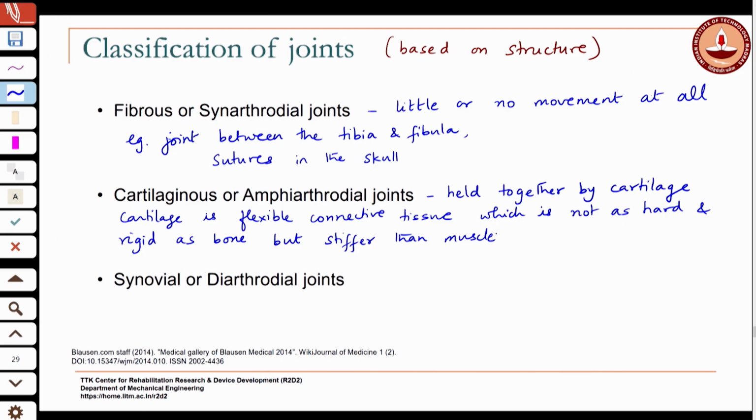and you do not have any joint cavity. You will know what I mean when we talk about the next kind of joint, but in this case there is no joint cavity and the joints may only be slightly movable.